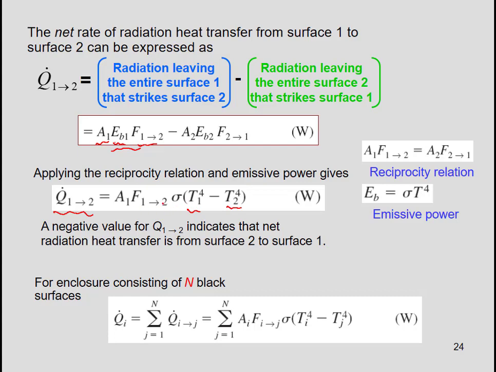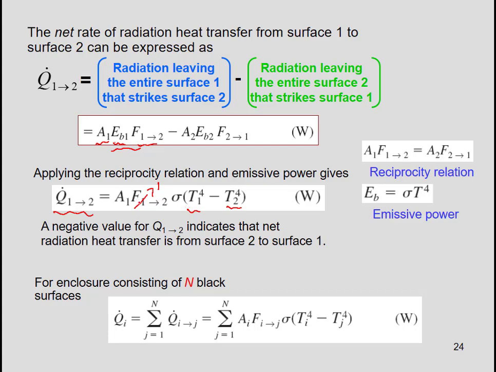And as you can see here, if F1→2 is 1, it means all of the radiation from surface 1 strikes surface 2. This will become A1 sigma (T1^4 minus T2^4), which is a simple equation we had in the previous session.